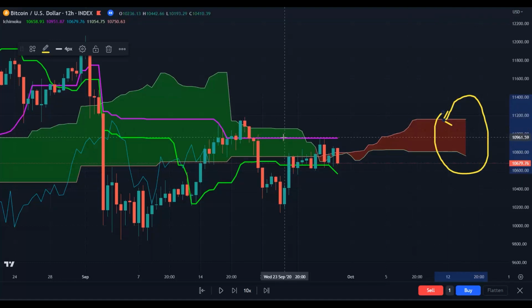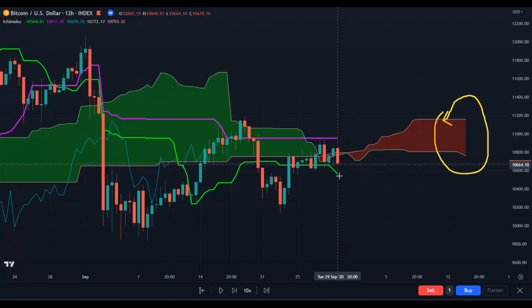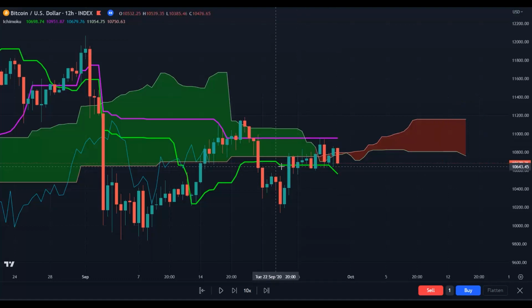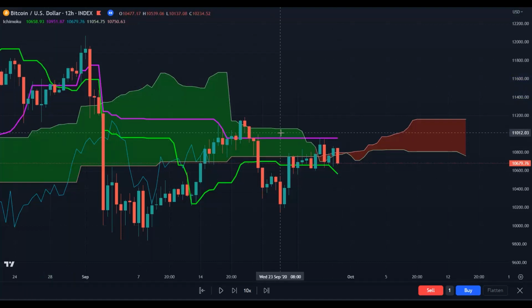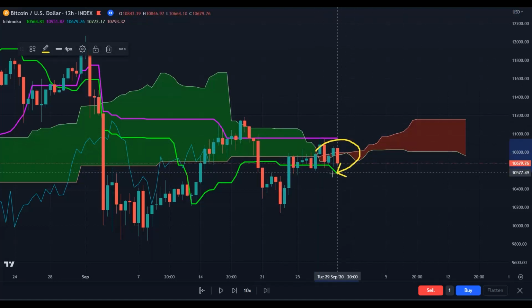The Kijun-sen and Tenkan-sen are somewhat parallel, which is a sign of a sideways market. Right now the price is between Tenkan-sen and Kijun-sen, and we had a bearish cross here in the past.